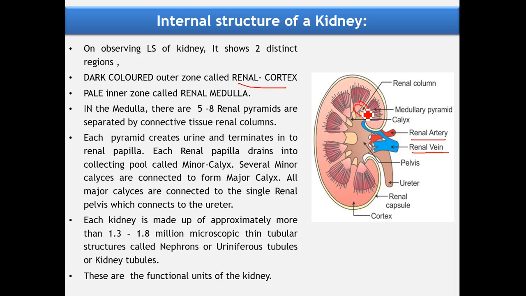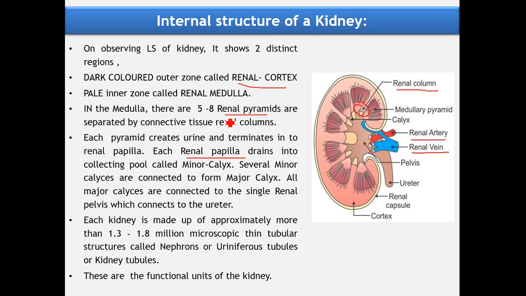In the renal medulla, there are 5 to 13 triangular structures called renal pyramids. These are separated by connective tissue called renal columns. At the tip of each medullary pyramid lies a pointed aperture called the renal papilla.